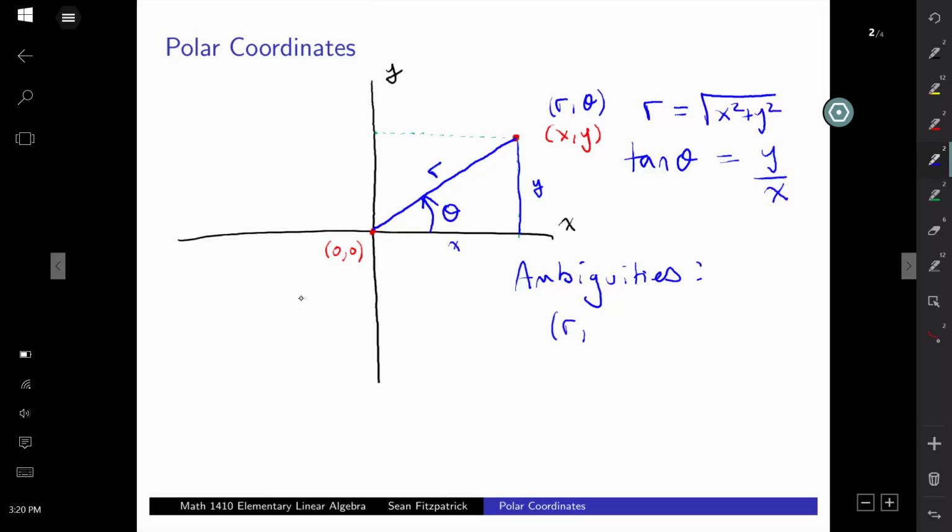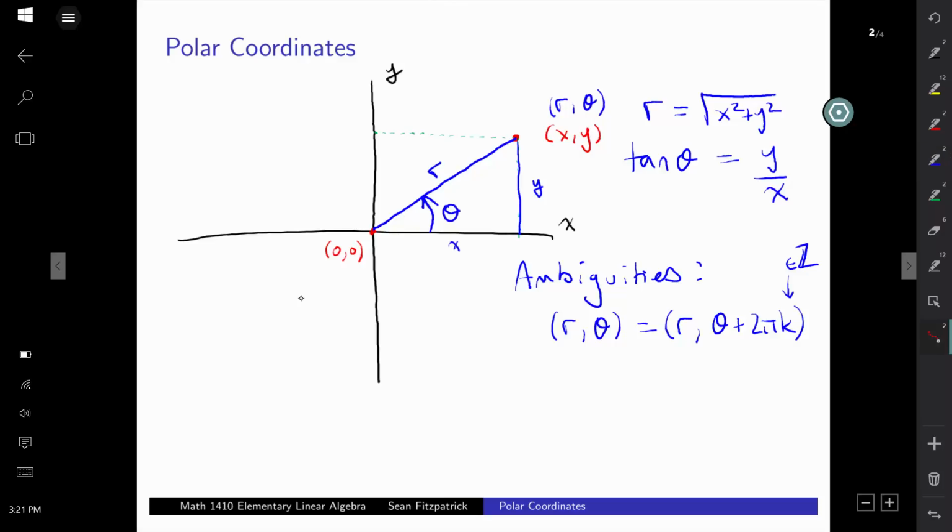Note that the point r theta would be the same thing as the point r, theta plus some multiple of 2 pi, where k here is an integer. So theta is not uniquely defined, because I can go all the way around as many times as I want. I can add as many revolutions as I want.